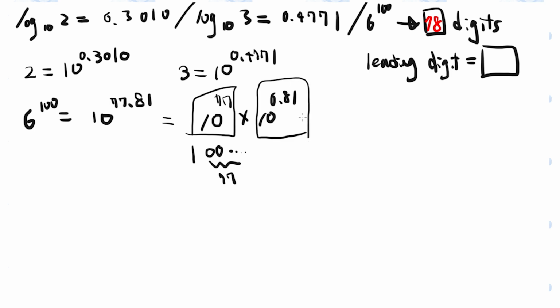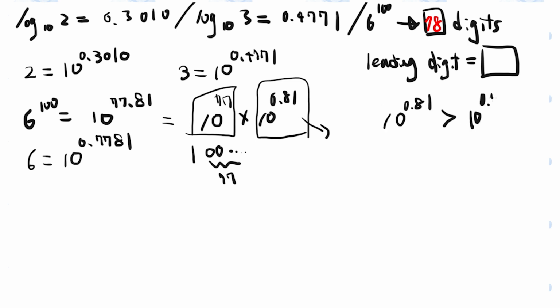So this is the part that determines the leading digit. So for the rest of this question, we can ignore the first part. Recall from the first part, 6 is about 10 to the power of 0.7781. So this number is bigger than 6.